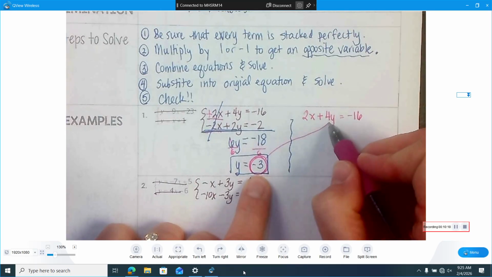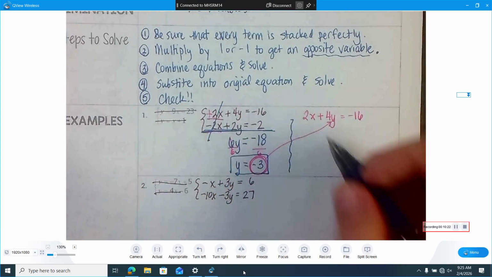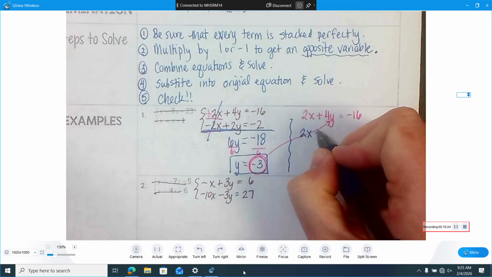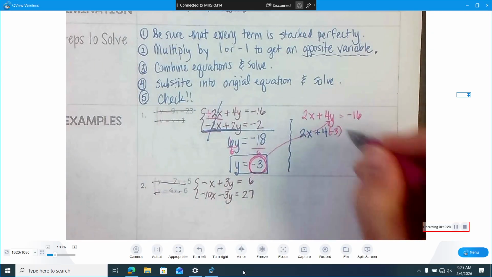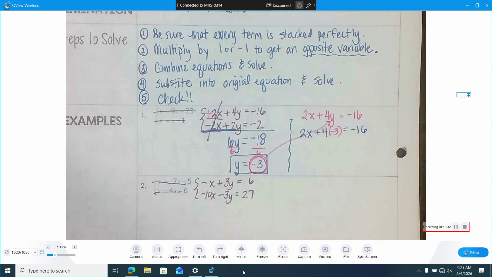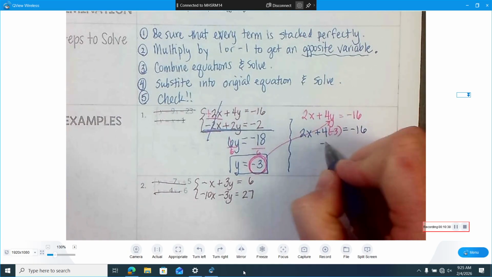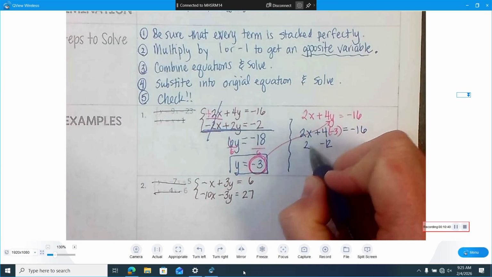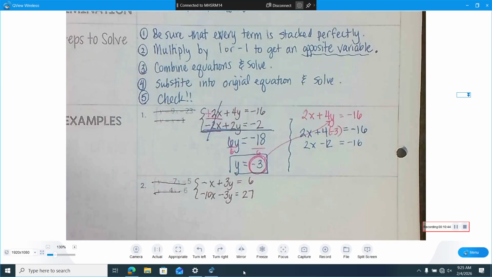To the y, absolutely, because it says I am a y. So we have 2x plus 4 times the negative 3 equals negative 16. And I get to multiply here. What is 4 times negative 3? Negative 12. So we have a negative 12. I have my 2x, and I have my negative 16. So 2x minus 12 equals negative 16.